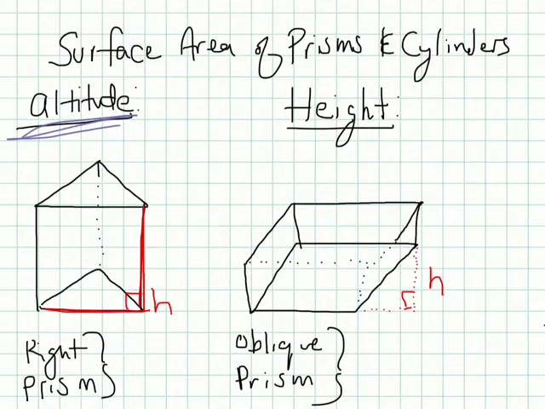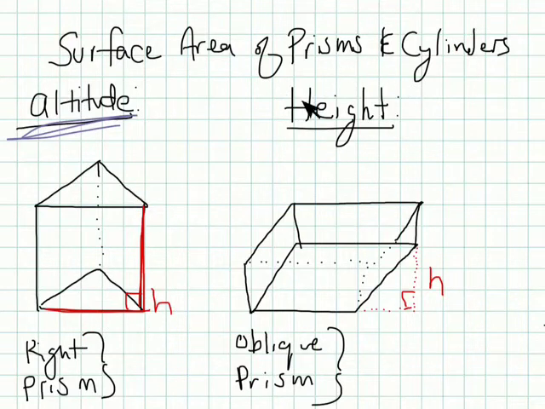Here's a perpendicular segment that joins this plane and this plane of the bases. So again, this is what you need to write there: a perpendicular segment that joins the planes of the bases. This is on one plane, this is on another plane, and just this segment here, not the bottom one, is your altitude.